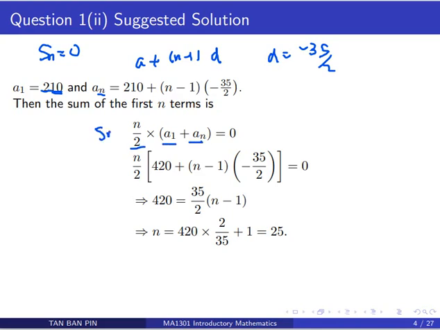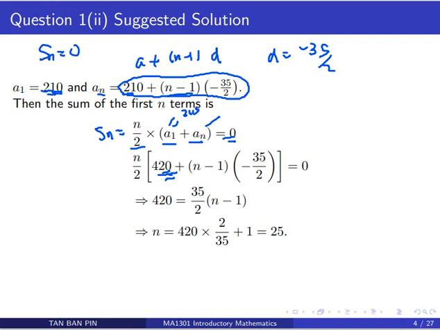Since you want Sn equal to 0, you equate to 0. So A1 you sub as 210, An you sub as 210 plus n minus 1 D. That will give you 210 plus 210, 420, and n minus 1 D here.